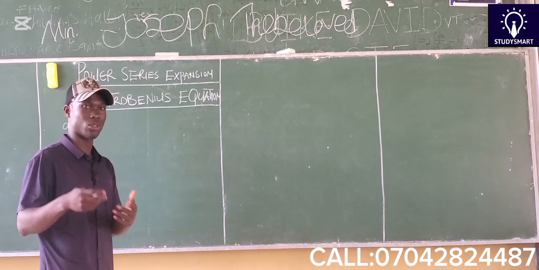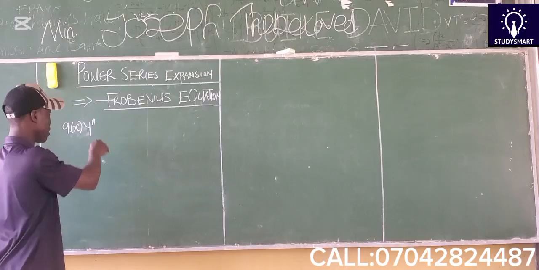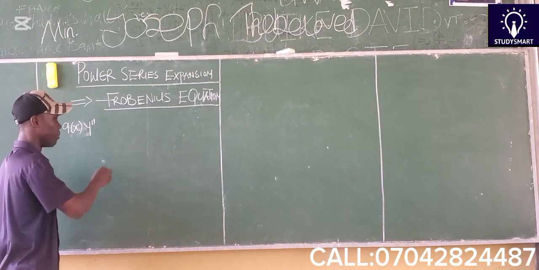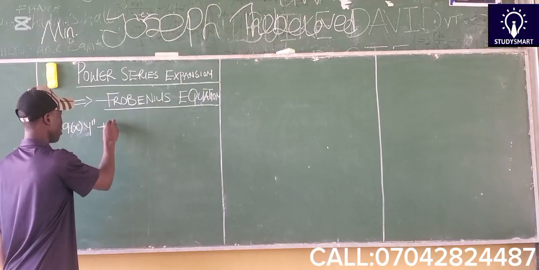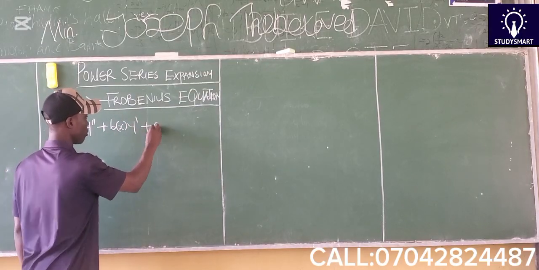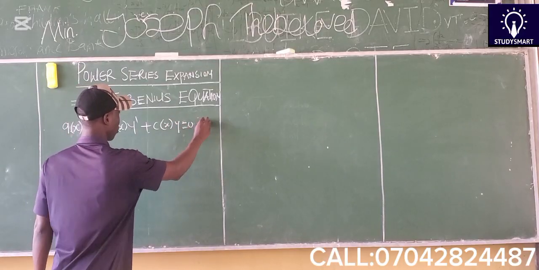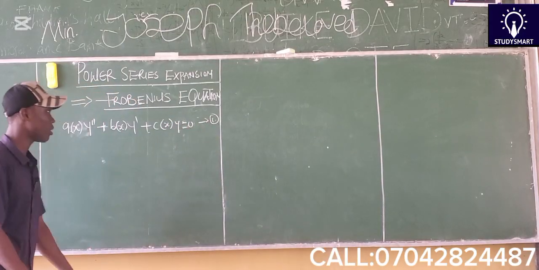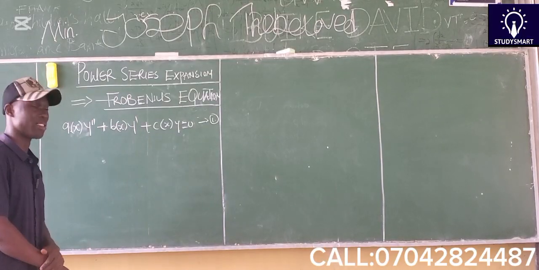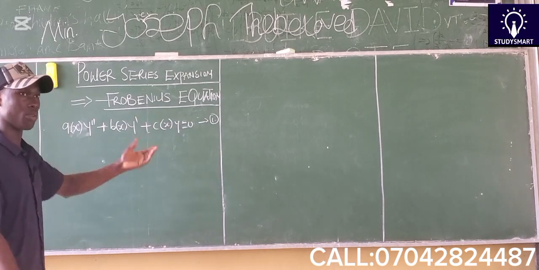The Frobenius equation has the expression a of x y prime prime plus b of x y prime plus c of x y equal to 0. We can call this equation 1. So from equation 1, we've expressed this in Frobenius equation form.